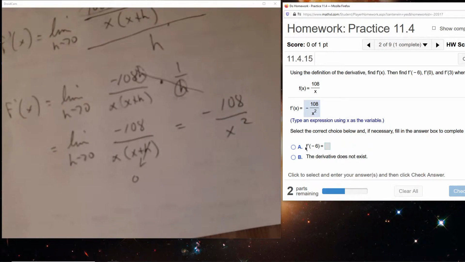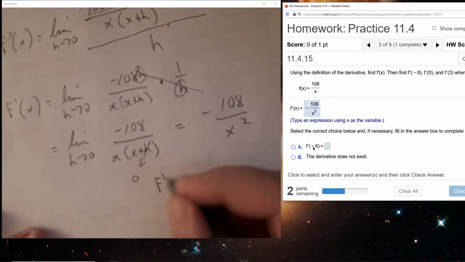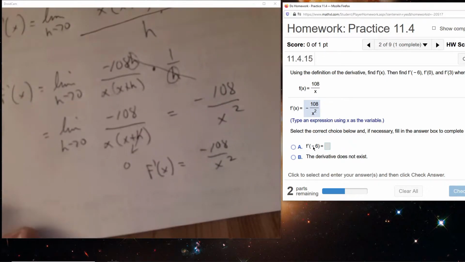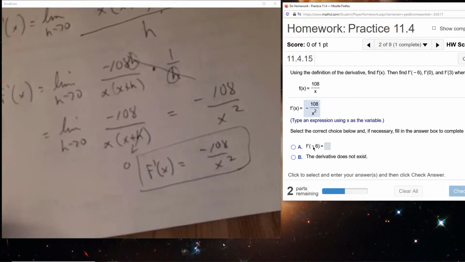And so they want to know f prime of minus 6. Okay? So we currently have the derivative function. And now we're just going to plug some numbers into it. So they want f prime of minus 6.